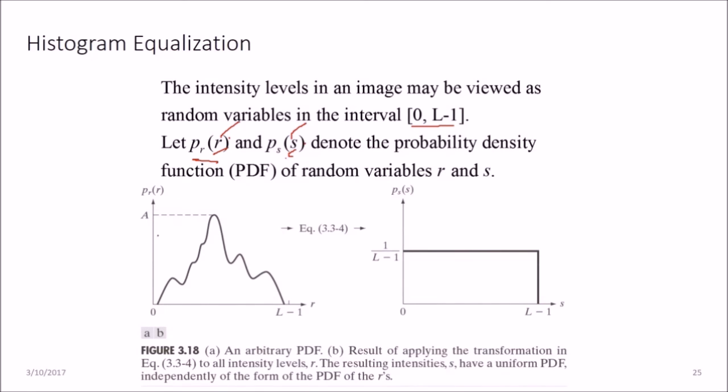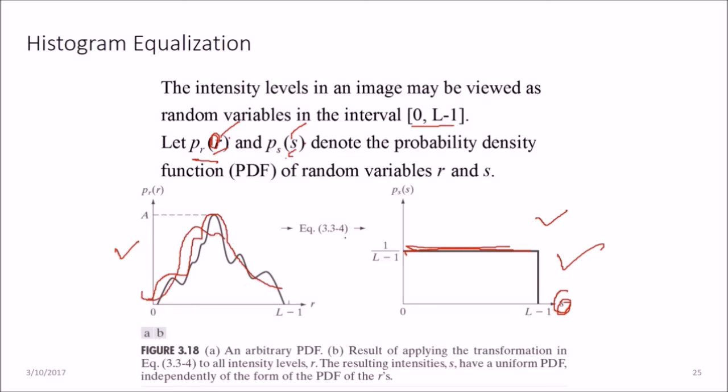This is an arbitrary PDF, any distribution function, and now this is the result of applying the transformation to all the intensity levels which are R. The resulting intensity S has a uniform PDF, independently of the form of the PDF of the R's, which you can see here.